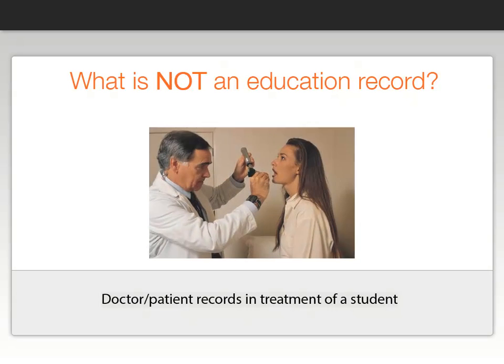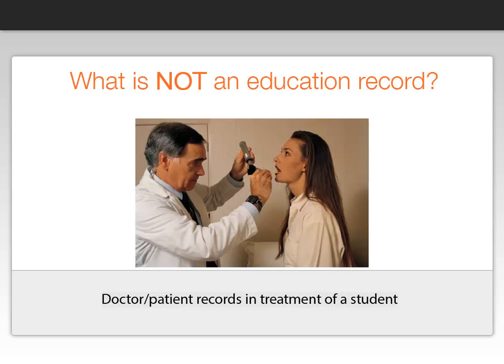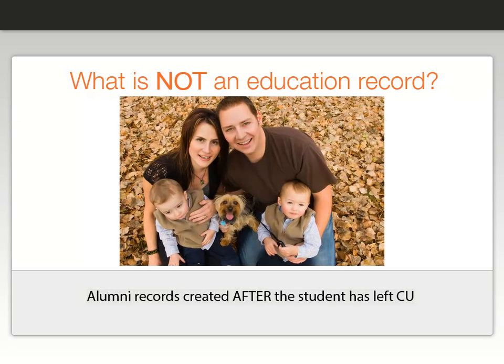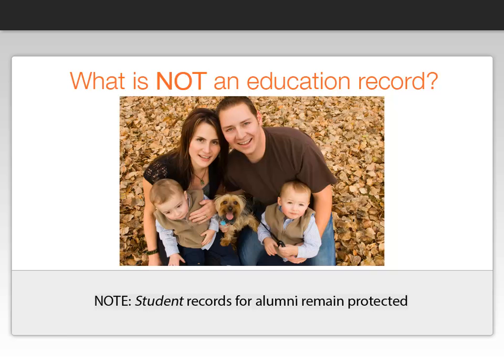Doctor-patient privilege records made or maintained by a doctor in the medical treatment of a student are protected by other laws than FERPA. Alumni records: any new records created by the institution after the student has left the institution are not protected by FERPA. However, the student record continues to be protected by FERPA even after the student has left.